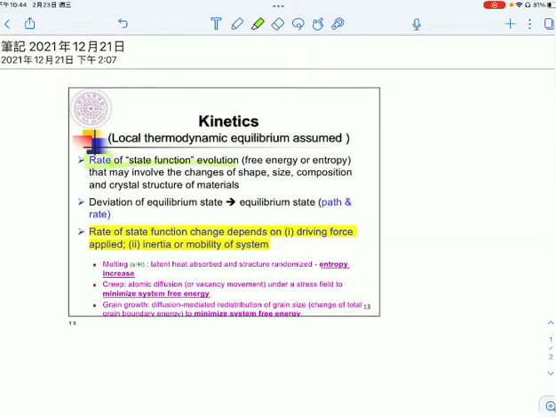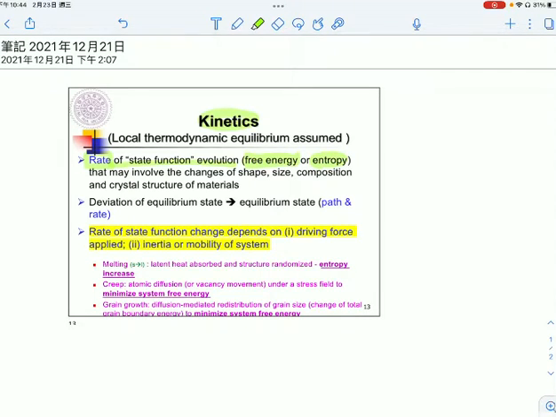But here, in kinetics, the state function does change, and we do care about the rate of the state function evolution. And the state function here we usually choose is the free energy. For diffusion in solid materials, probably it is the Gibbs free energy or the entropy.